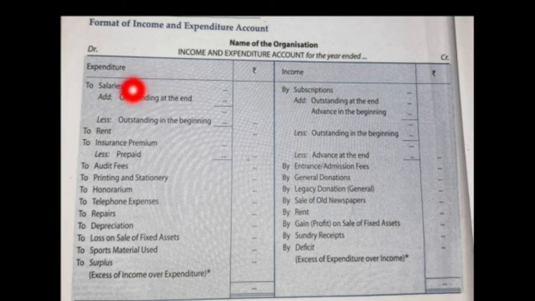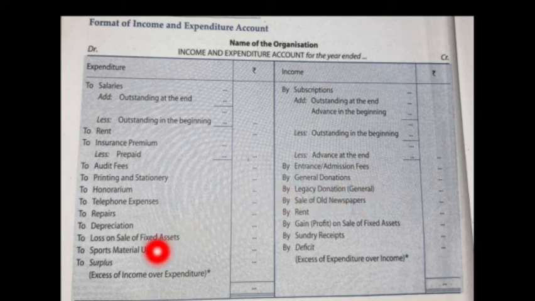You can see here salary, rent, insurance premium, such expenses are recorded on the debit side, and subscription, which is one of the incomes of a non-profit organization, is recorded on the credit side. So all that is received as an income will be recorded on the credit side.